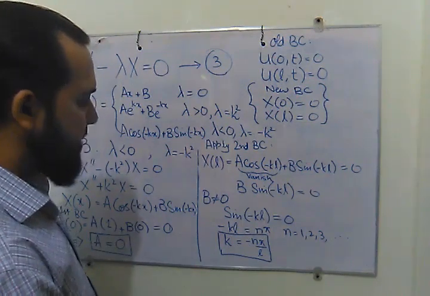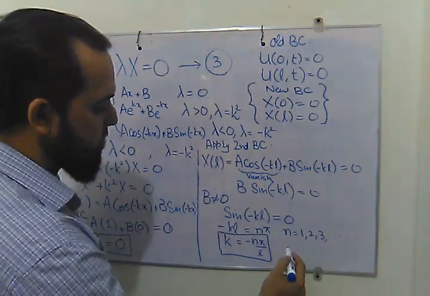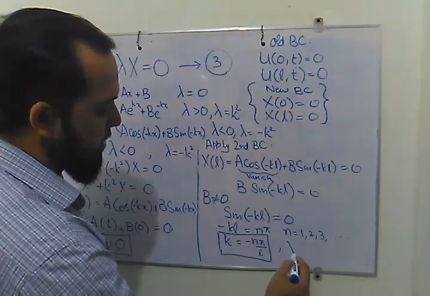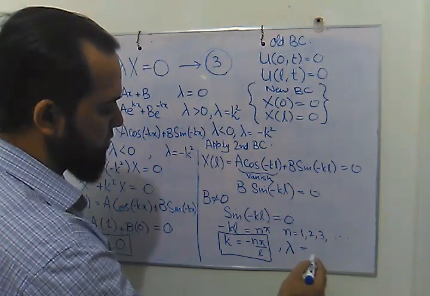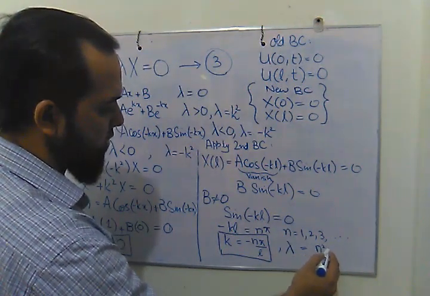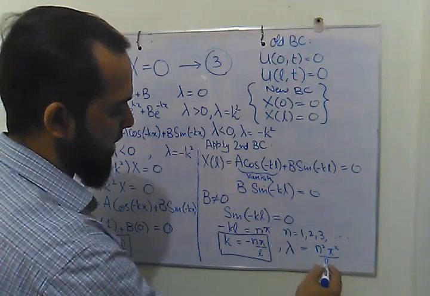We also have the lambda. Lambda is equal to minus k square. So lambda is equal to minus n square pi square upon L square.